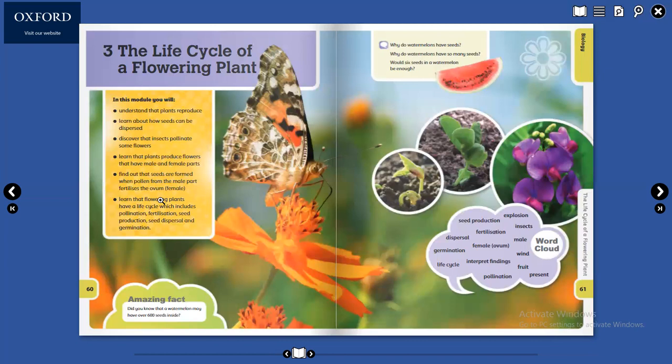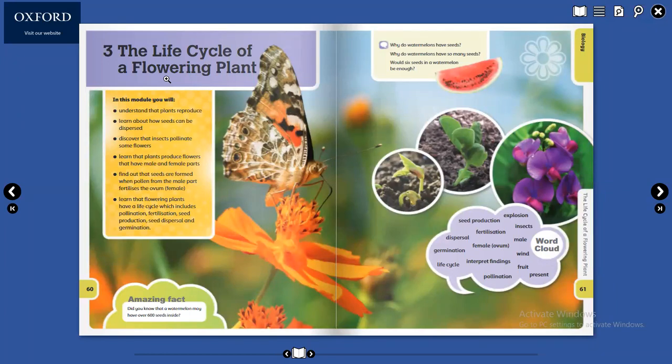So a cycle means a circular shaped process, or some processes which are there. So life cycle means some processes of life. Water cycle means processes of water. So what are the processes of the life cycle of a flowering plant? We will discuss in this.